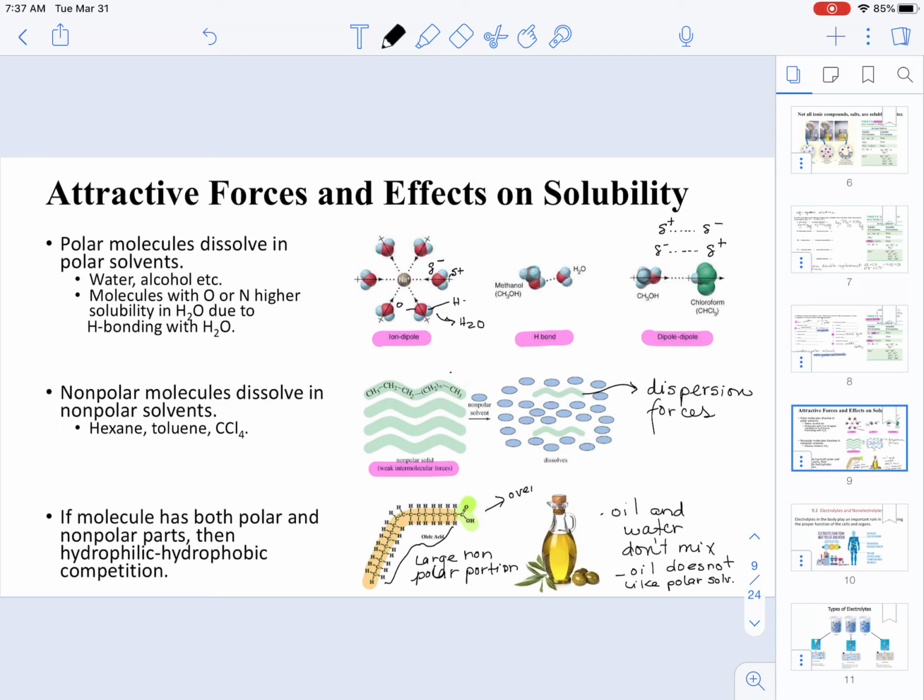Overall, the molecule is nonpolar. So that being said, in cases like this, and as we progress this semester, we are going to be observing that, for example, oils are going to be soluble in a nonpolar solvent like hexane.